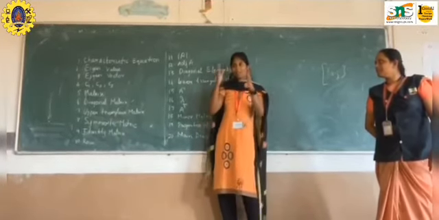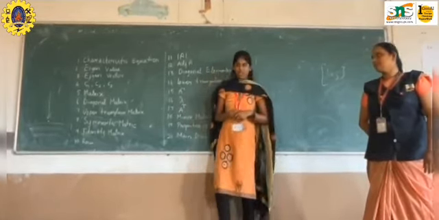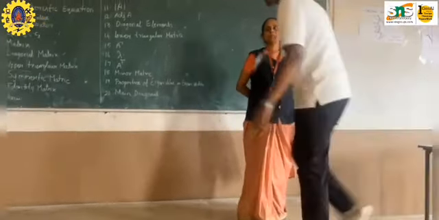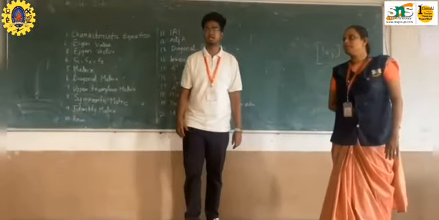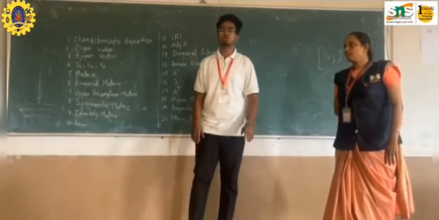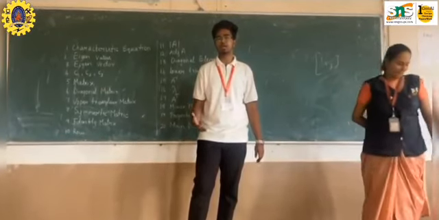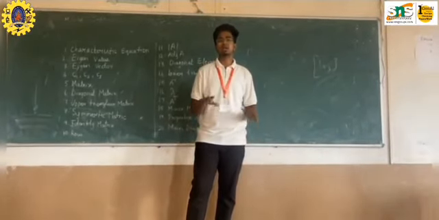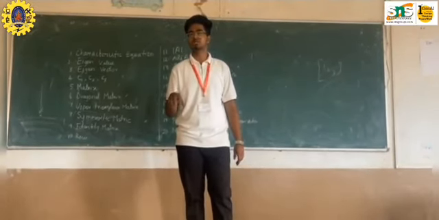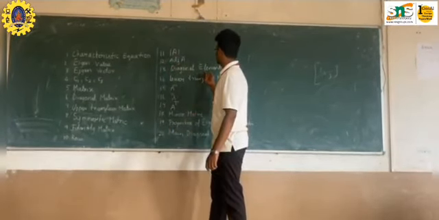A transpose means in the given matrix we change rows into columns and columns into rows. Next, adjoint A is the transpose of the cofactor matrix, and the formula is the transpose of Aij. Next one, diagonal elements.